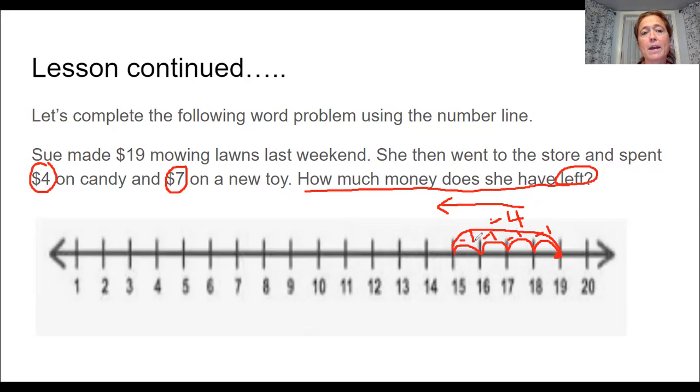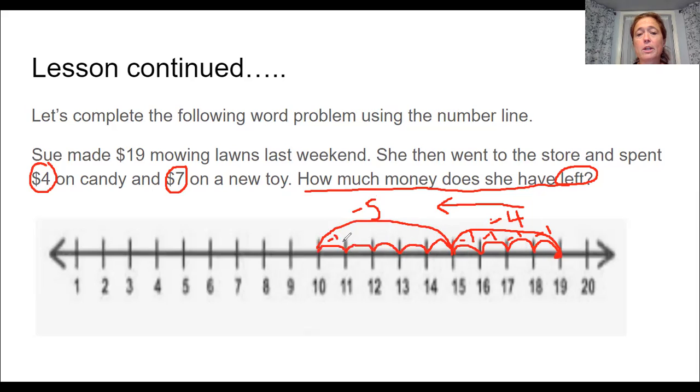All right. So after she spent $4 on candy, she spent $7 on a new toy. So I know that 7 is a 5 and a 2. So because I'm at 15, 5 is kind of an easy number to subtract. So I know 15 minus 5 is going to be 10. Or you could do it the same way that we did over here. 1, 2, 3, 4, 5.